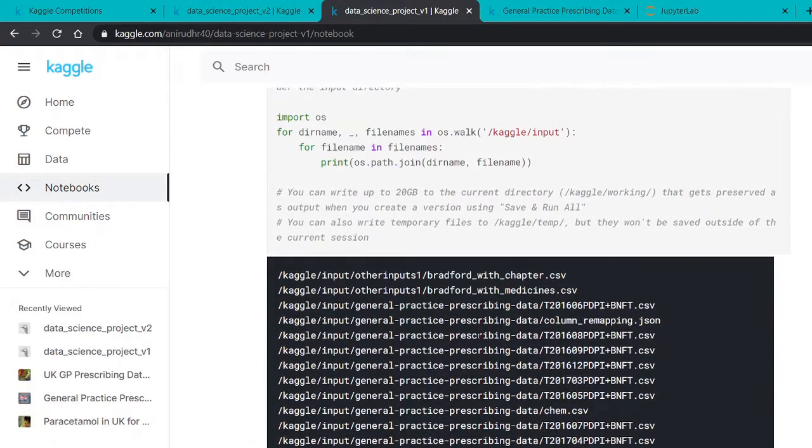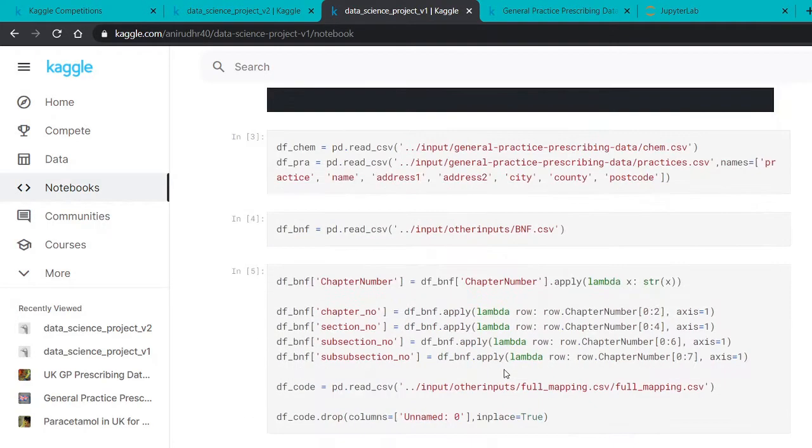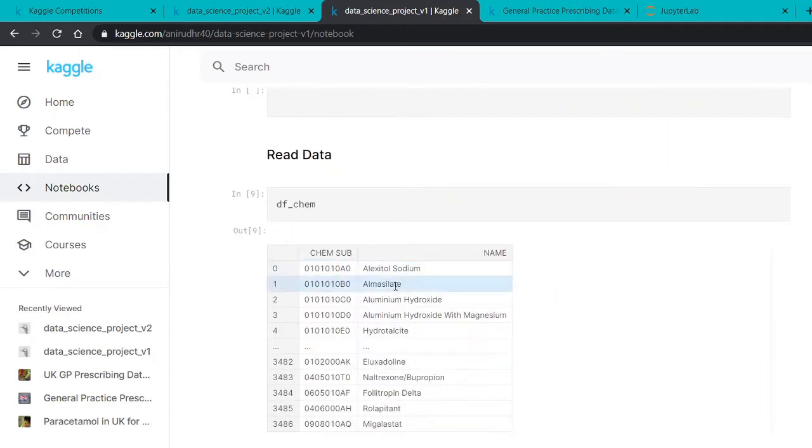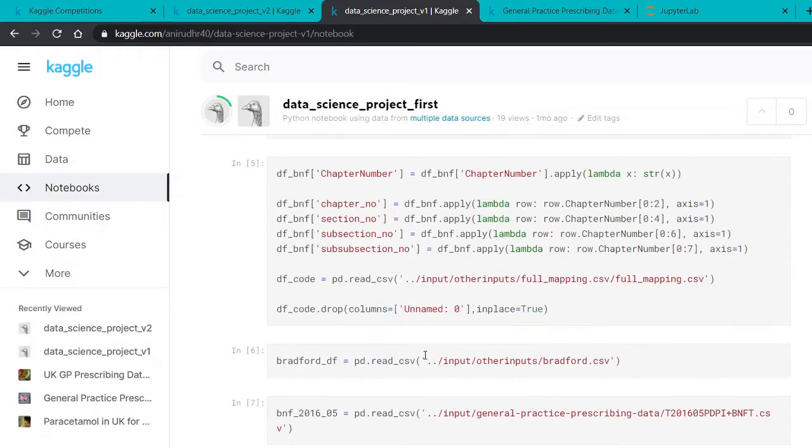I think I can show you the data here. DF-Chem contains all the chemicals present in the medicines, medicine names and other stuff.